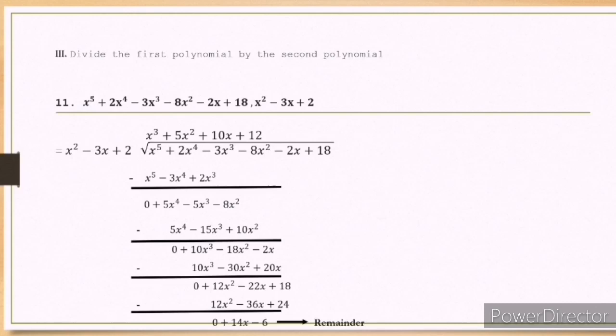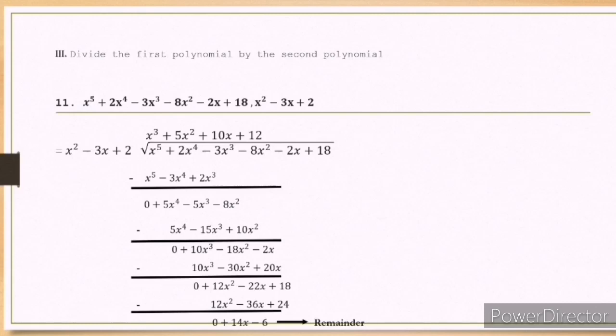Then 12x squared divided by the first term of the divisor is equal to 12. 12 times x squared is equal to 12x squared. 12 times negative 3x is equal to negative 36x. 12 times 2 is equal to 24.